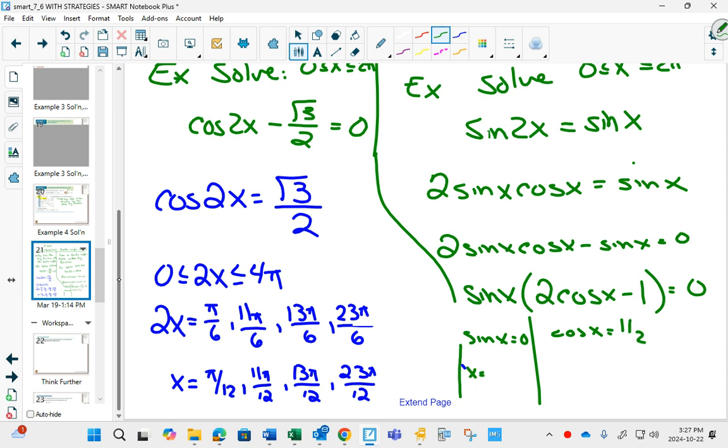And everything's on your pi plate. Sine is 0 at 0, pi, and 2 pi. Cos x is a half at the pi over 3 family.